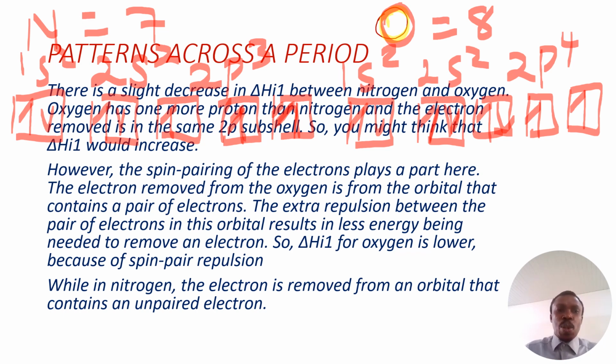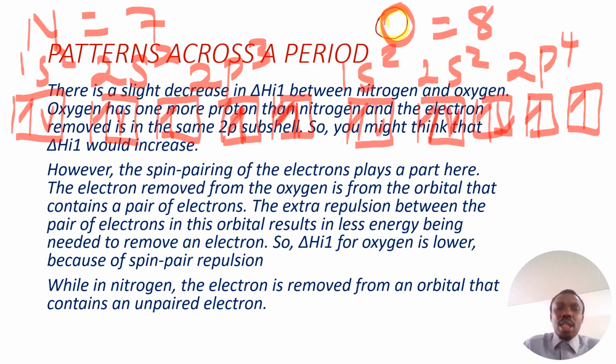However, the spin pairing of the electrons plays a part in the ionization energy of oxygen and nitrogen. The electron removed from oxygen is from the orbital that contains a pair of electrons. The extra repulsion between the pair of electrons in this orbital results in less energy being needed to remove an electron. So the first ionization energy for oxygen is lower because of spin pair repulsion.